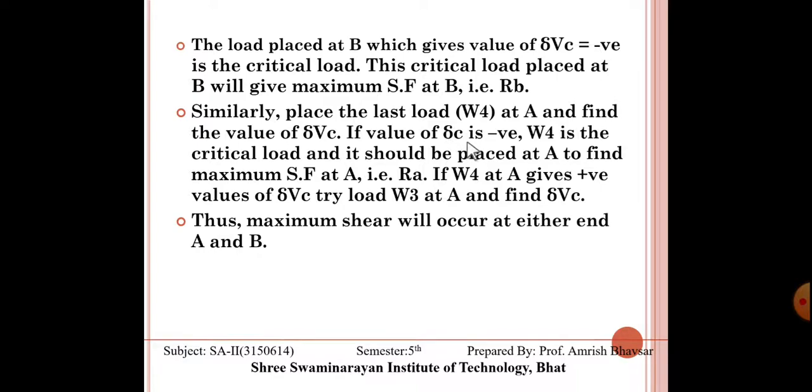The value of delta VC is negative, so W4 is the critical load. It should be placed at A, giving the maximum shear force at A. If W4 at A gives a positive value of delta VC, try load W3. Whenever it goes to the negative side, that is the maximum. Thus the maximum shear force occurs at either A or B.